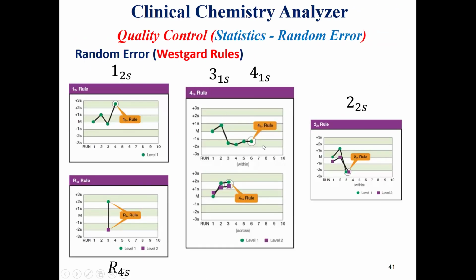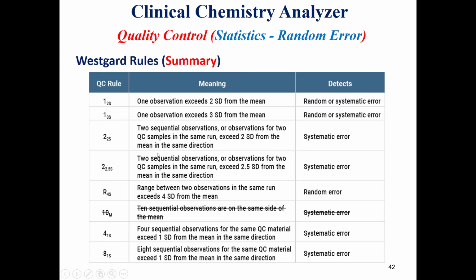So these are the basic 6 rules. In this table, we see most of the Westgard rules and their meaning, and also what will be detected. As we can see here, for the first and the second rule, the reason could be a random or systematic error, whereas for the third and the fourth rule, as well as the fifth, we will have, for example, a systematic error or random error.